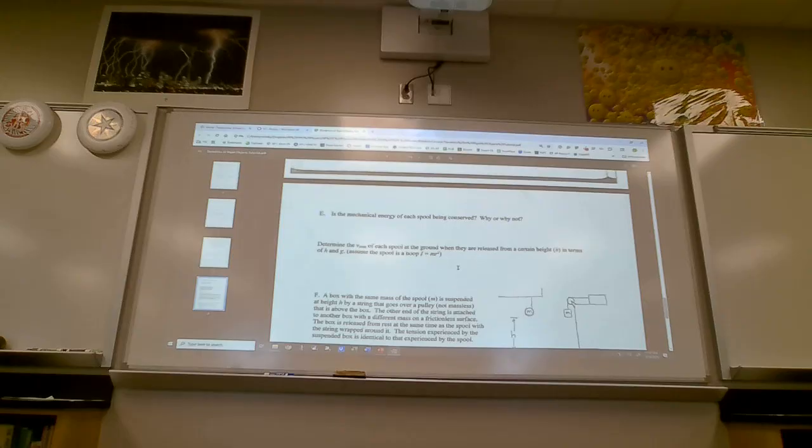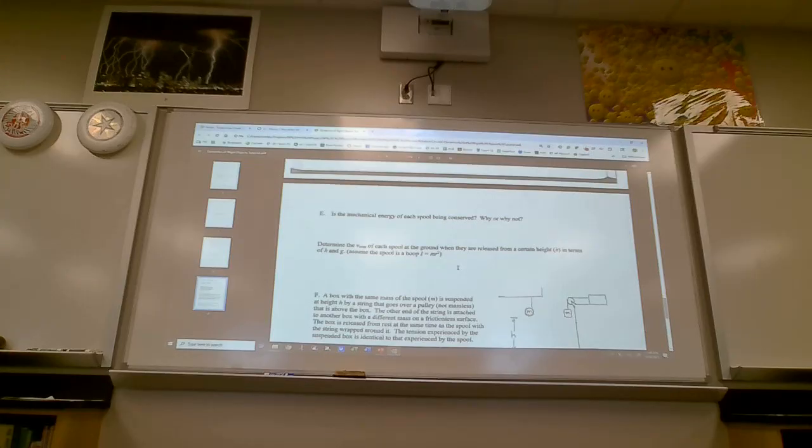What is the definition of work done by tension? No, that's not how this is. Objects falling downward versus tension.